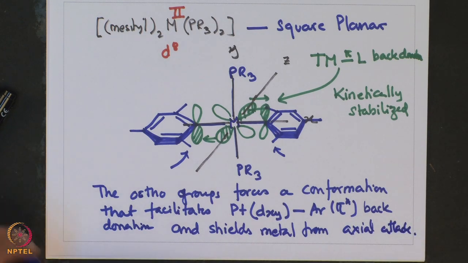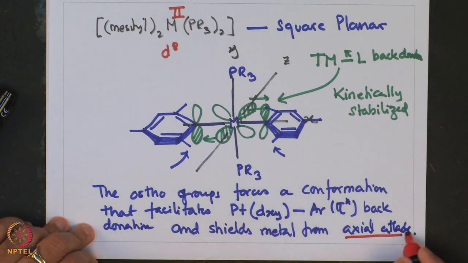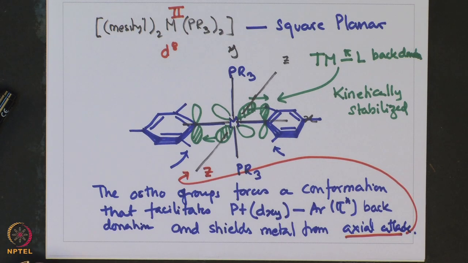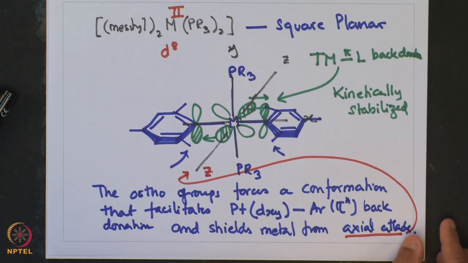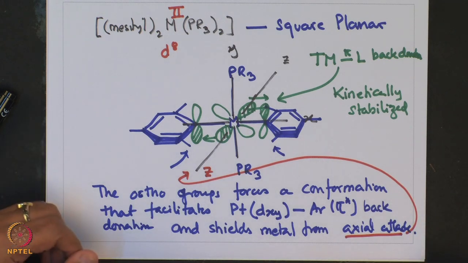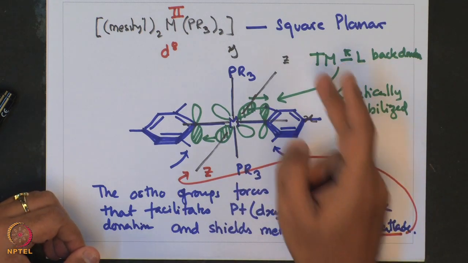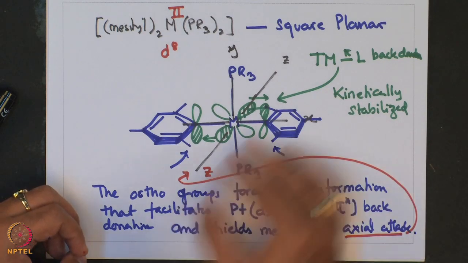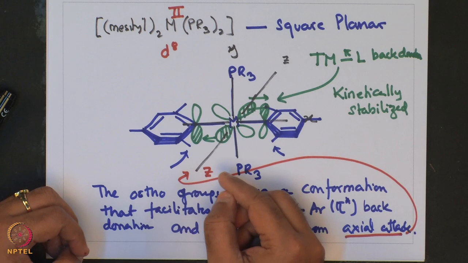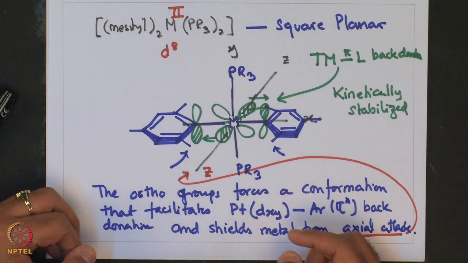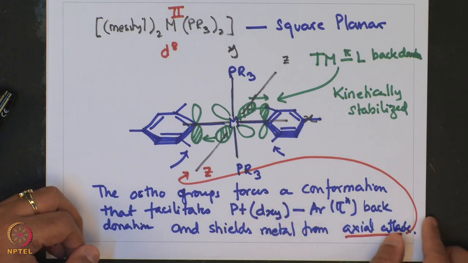The axial attack can happen from the z axis, and what is seen over here is that kinetic stabilization between the transition metal to ligand pi back donation sort of inhibits this kind of axial attack, thereby stabilizing transition metal aryl kind of complexes.